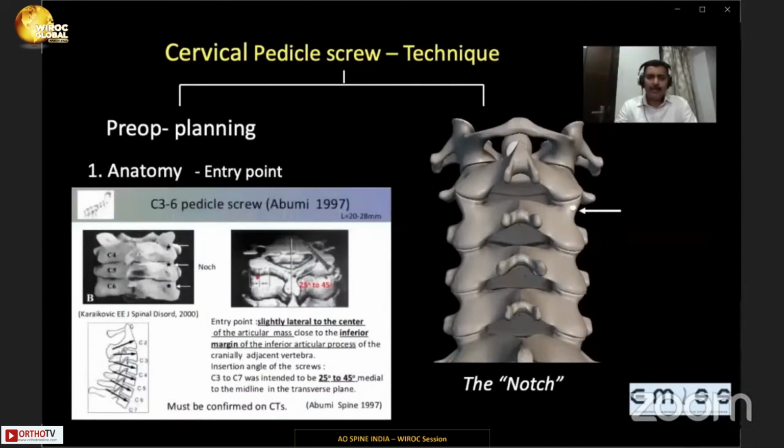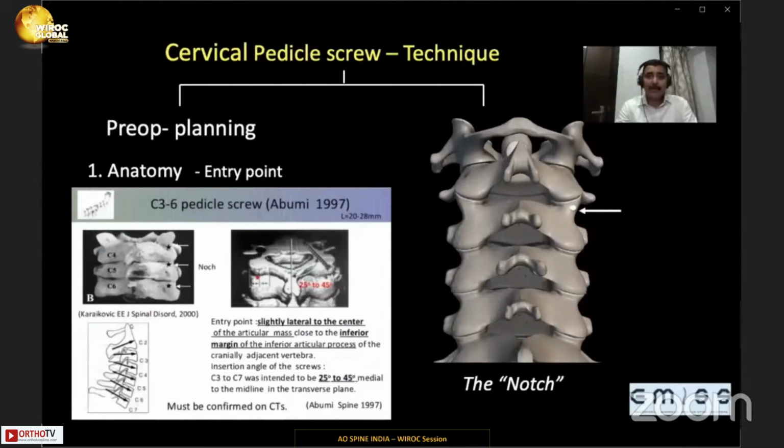The entry point, which was described by Abumi et al in 1997, is exactly related to this particular notch. It is 2 millimeters medial to the notch and slightly proximal, at the junction of the superior and inferior articular process at the superior level. Again, there are variations in this depending on individual pedicle angulations.